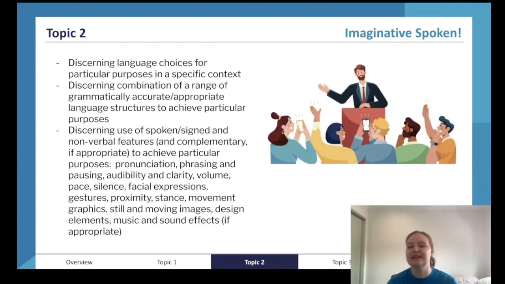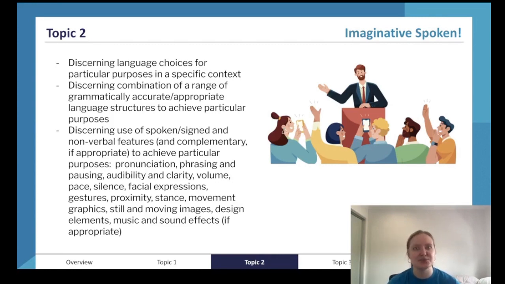And then finally, discerning language choices for particular purposes in a specific context. Pretty straightforward. Discerning combination of a range of grammatically accurate and appropriate language structures to achieve particular purposes, and discerning use of spoken or signed and non-verbal features, and complementary if appropriate.